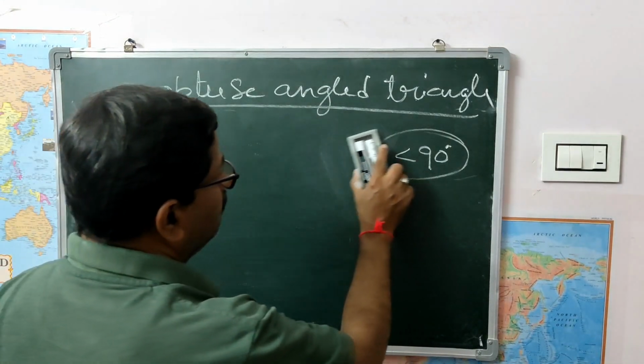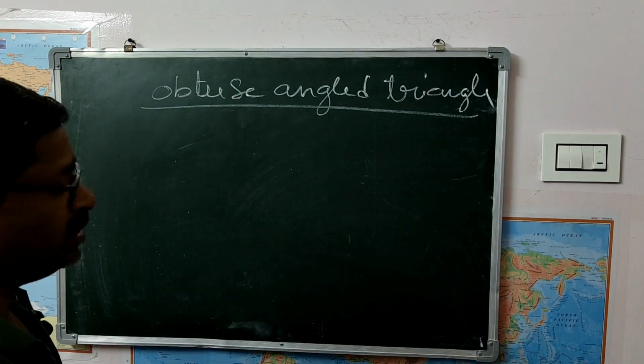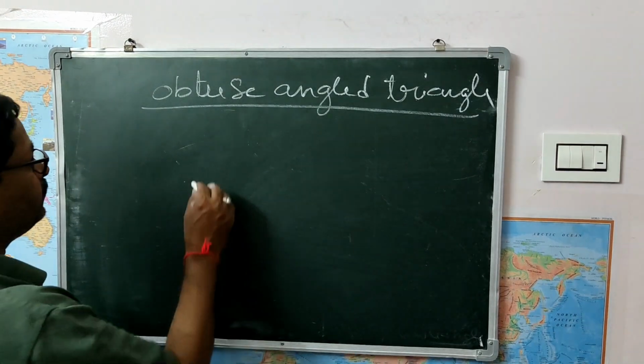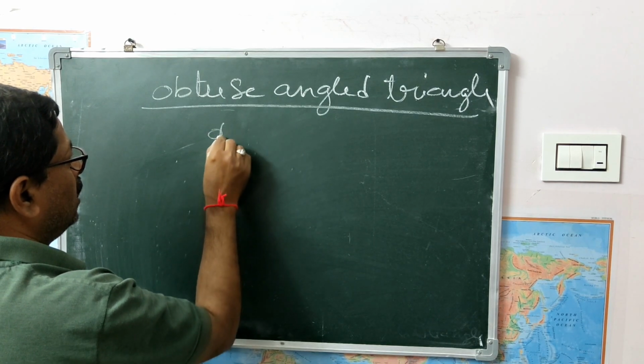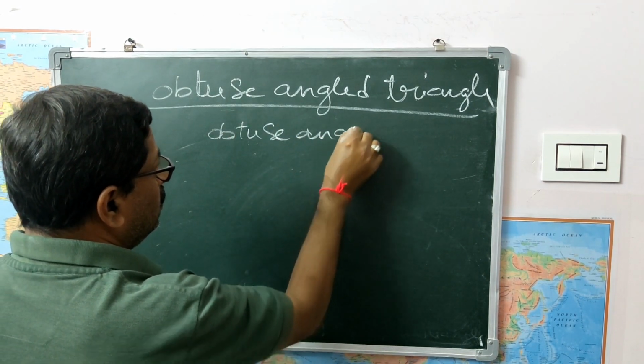And obtuse angle means an angle which is greater than 90 degrees and less than 180 degrees. That is called an obtuse angle.